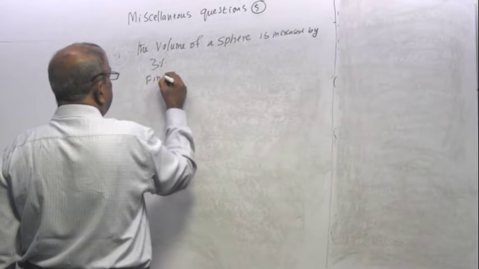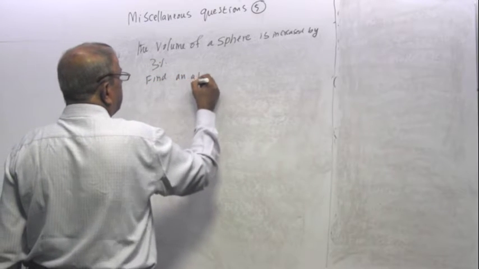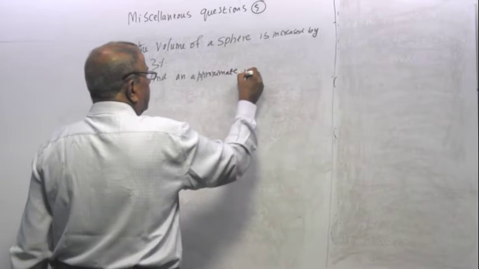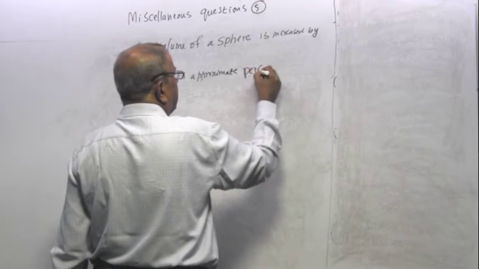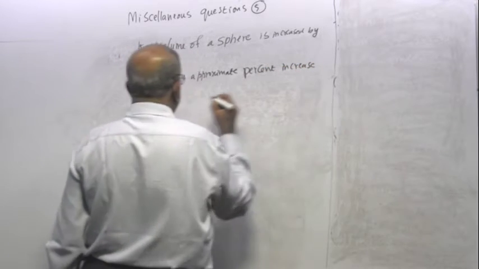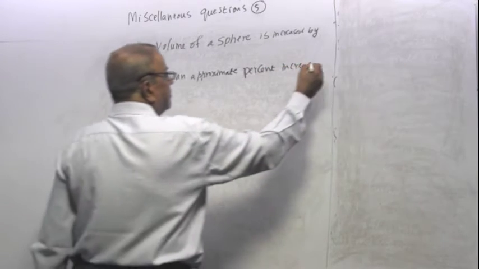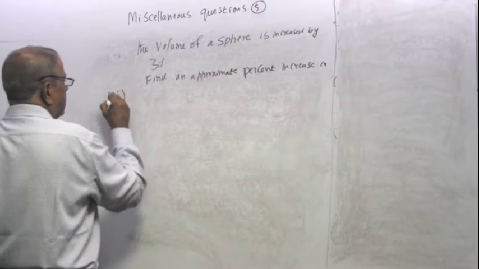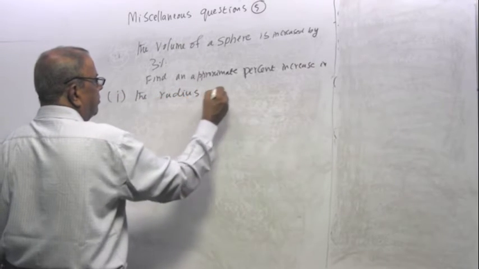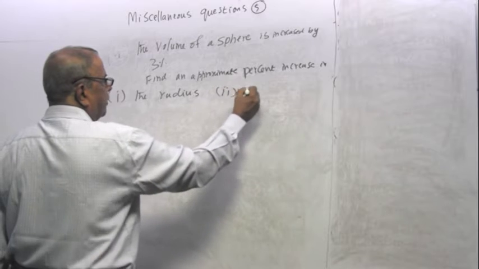Find an approximate percentage increase in part 1, the radius, part 2, the surface area.